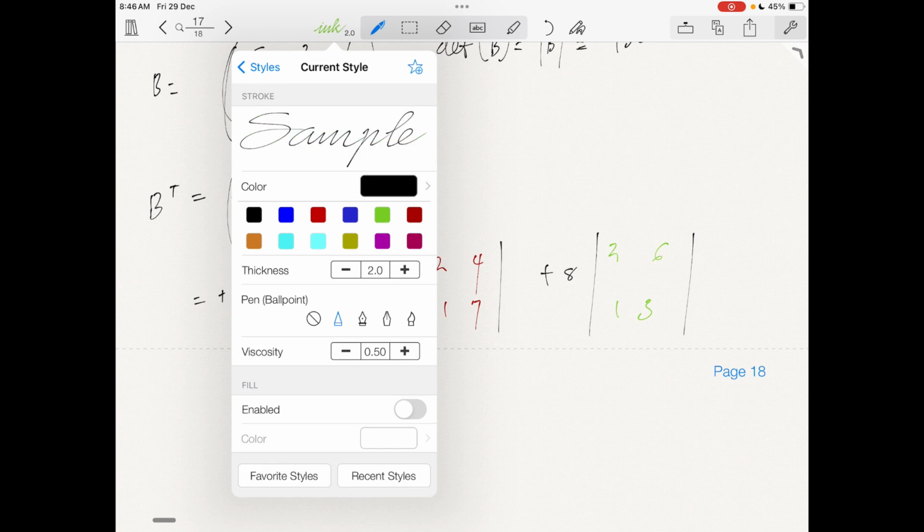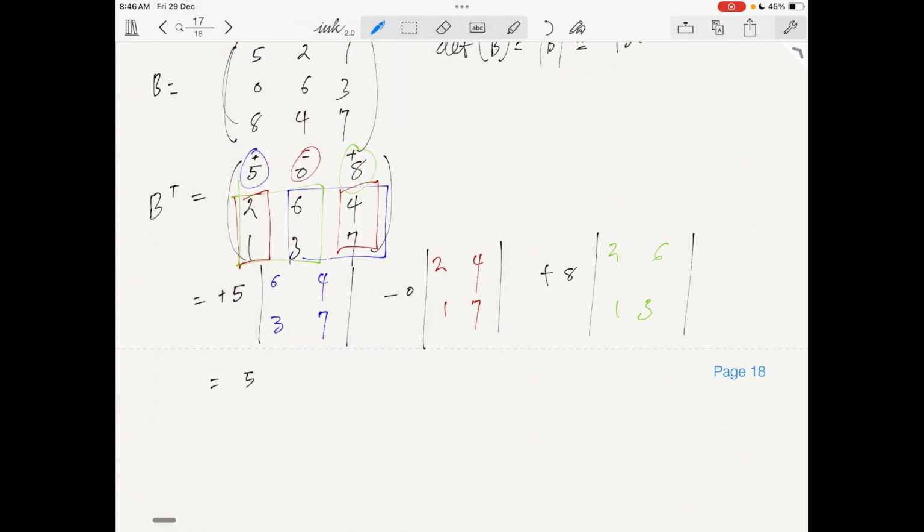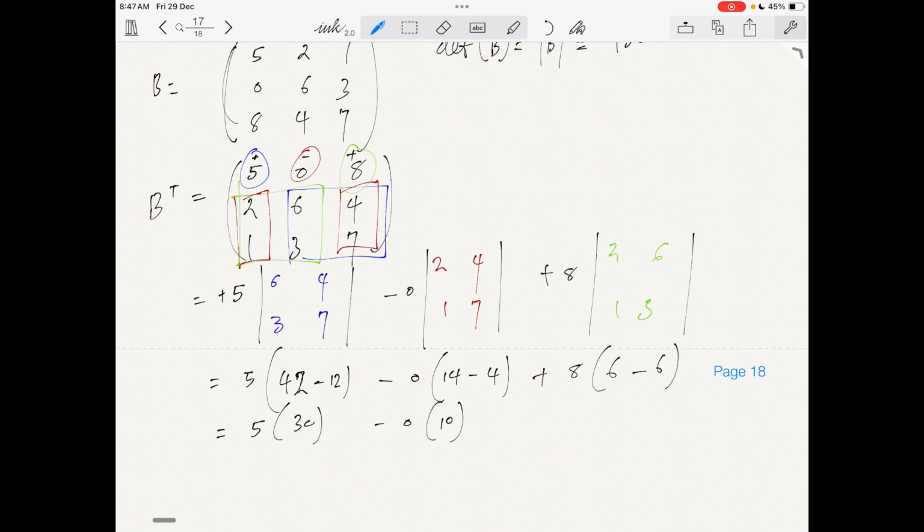After that, we have 5 times (42 minus 12), minus 0 times (14 minus 4), plus 8 times (6 minus 6). So we can now say that this is 5 into 30 minus 0 into 10 plus 8 into 0.